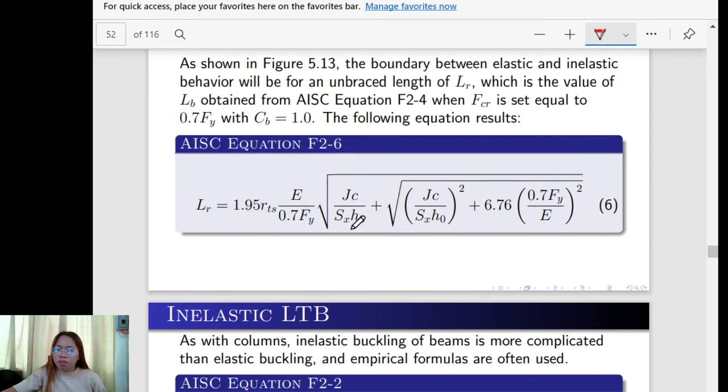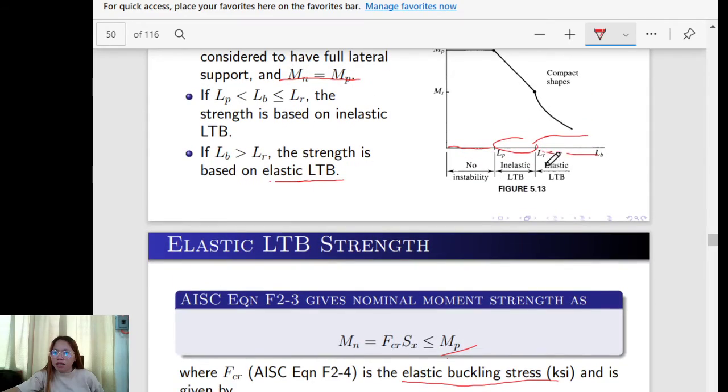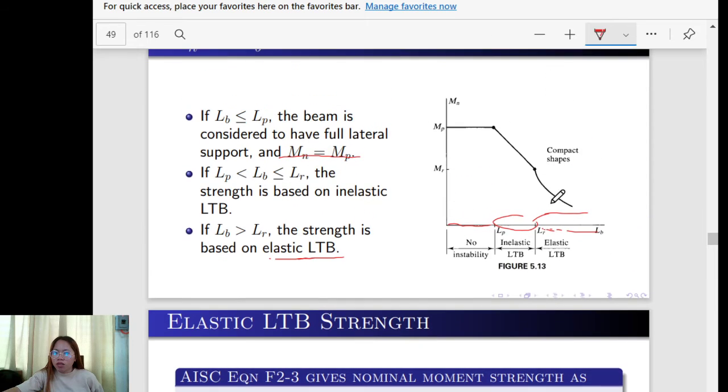Okay. This formula over the elastic section modulus times h sub 0, plus the square root of this squared plus 6.76 times 0.7 Fy over E, squared, no? That is the boundary for elastic lateral torsional buckling, no?